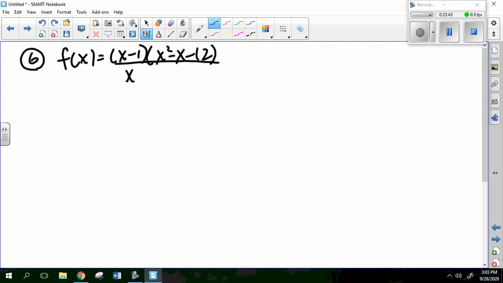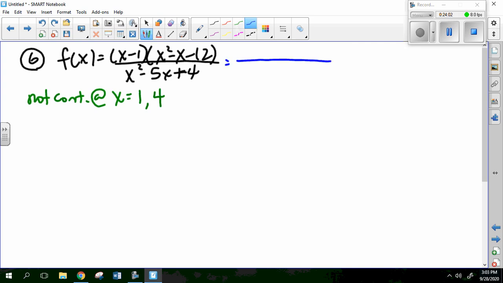Is this thing continuous? We already saw back in number 3 that it was not continuous at x equals 1 and 4, and that was because the denominator factored into x minus 1 and x minus 4.